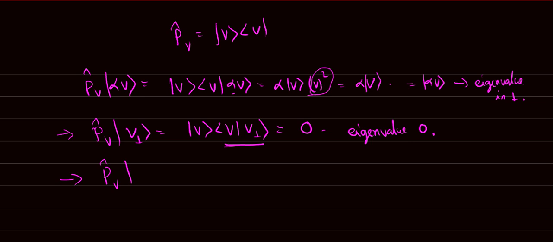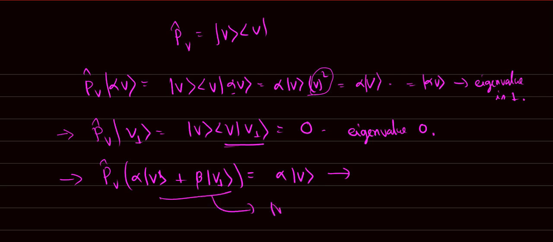And if we operate this operator on a linear combination of V and a vector perpendicular to V, we find that this gives us just alpha V. So this is not an eigenket or eigenvector of the projection operator.